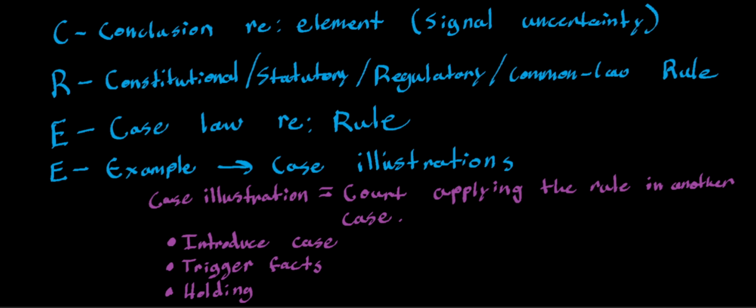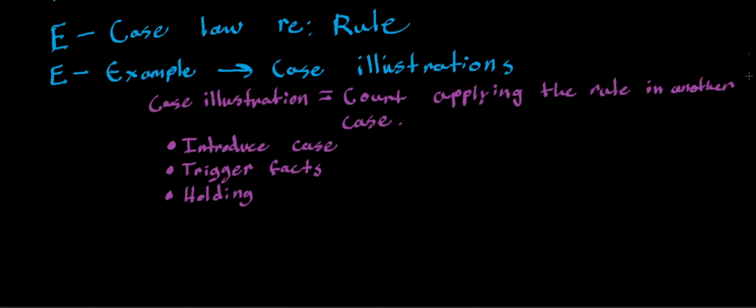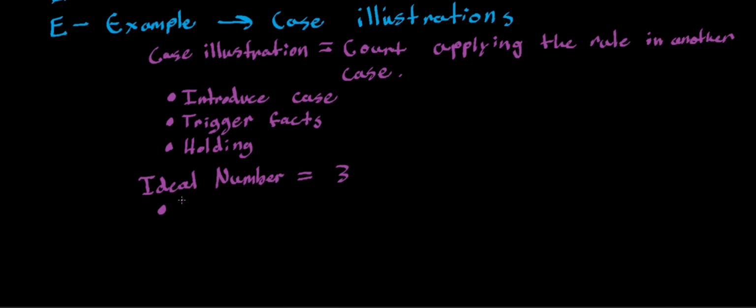And so the number of case illustrations to include in this example section is not a hard and fast rule, but I think that the ideal number is 3. And of these 3, you'd ideally want to have one case that is the most similar to the case that you are analyzing.